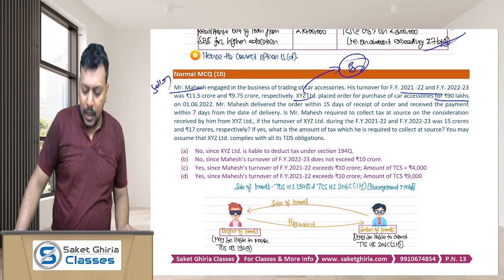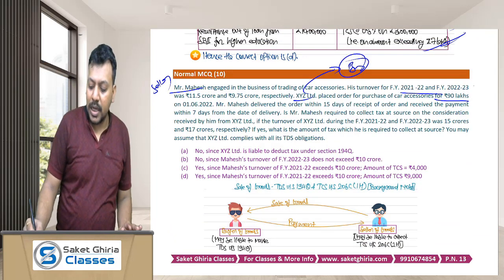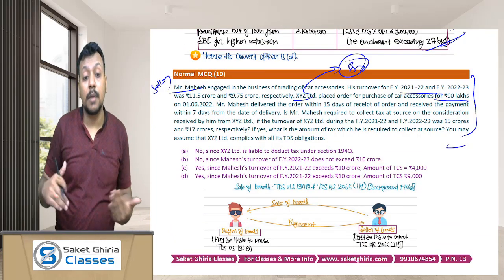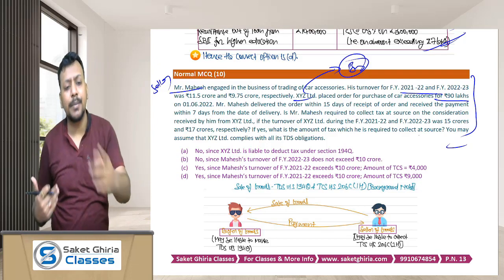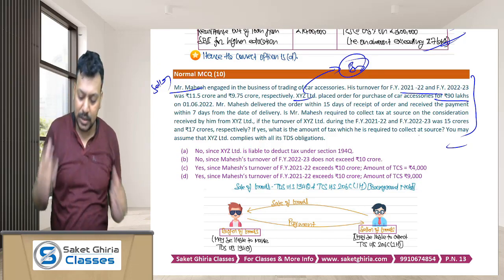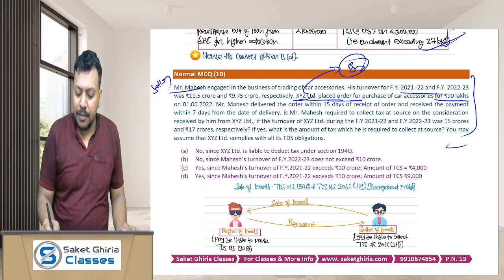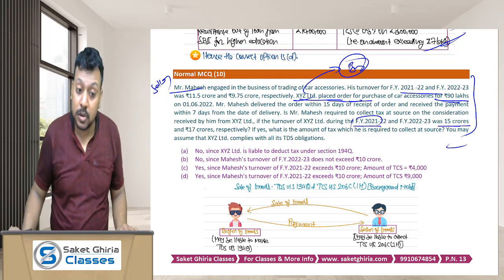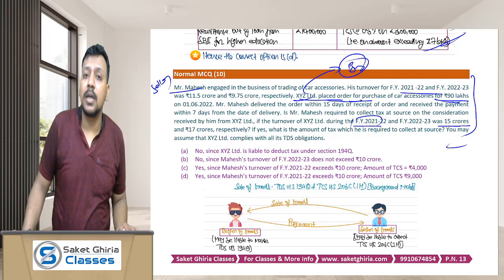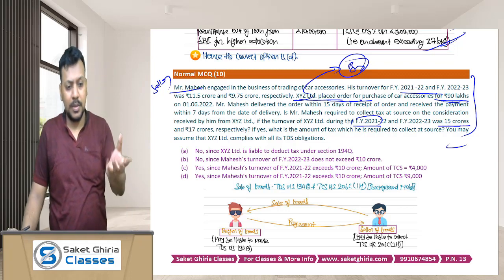Okay, so sir, in these types of questions we should first analyze from the point of view of the buyer, because TDS has a priority over TCS. So sir, buyer is XYZ Limited, and it is a big buyer because you can see here it is given that in the financial year 21-22 its turnover was rupees 15 crore, which is more than the required turnover of rupees 10 crore.